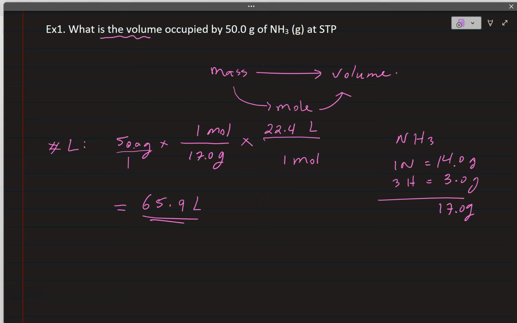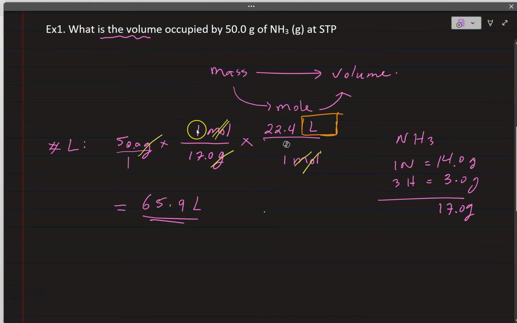That is the volume that is occupied by 50 grams of NH3. Okay, simple as that. Now, I need you to pay attention to how we divide the units, and that at the end, what you will be left with is only 1 unit, liters, the one that you want. So everything else cancels out.